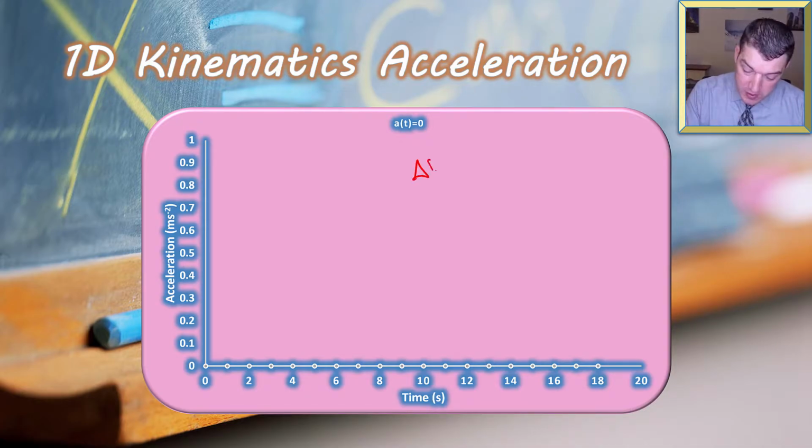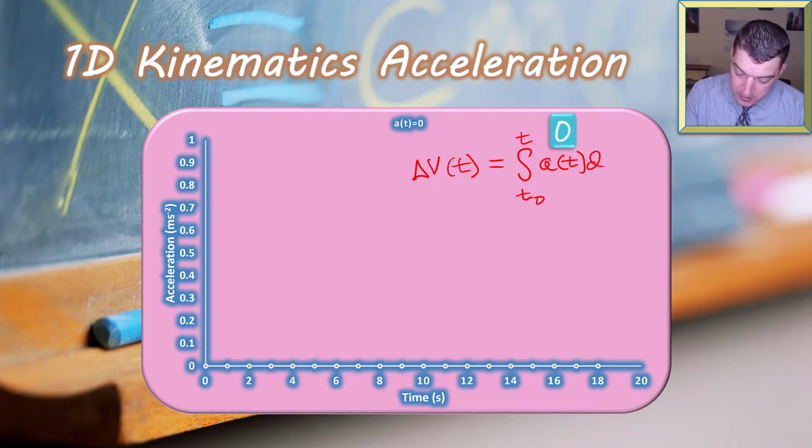Our change in velocity with respect to time is equal to the integral between our initial time and some time later of our acceleration with respect to time. Our acceleration with respect to time is zero. The integral of zero is that constant.